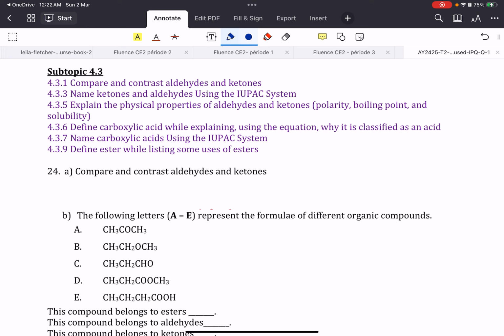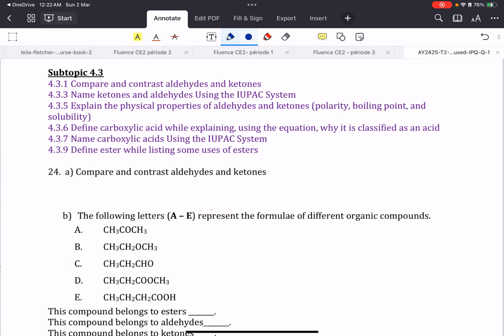Both of them can make hydrogen bonds with water molecules, but they cannot make hydrogen bonds between their molecules. They are also polar and water soluble.